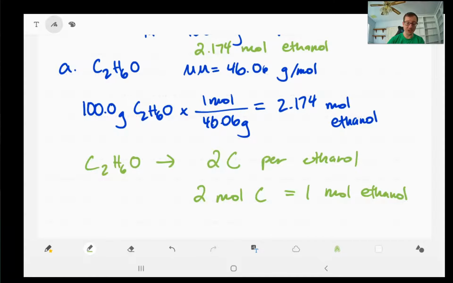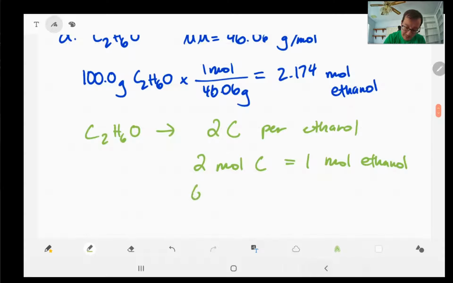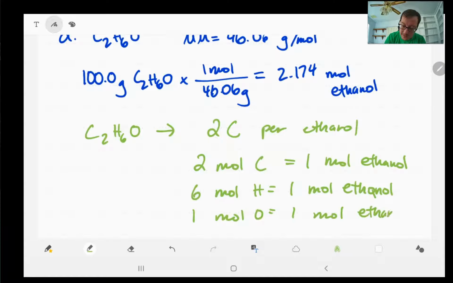We can take each element separately if we were really interested, and we can see that each mole of ethanol will have 6 moles of hydrogen atoms in it, and then 1 mole of oxygen for 1 mole of ethanol. We can get this information from a chemical formula.